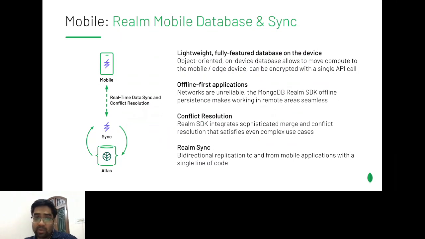So how many total parts do I have now? It will be one, the mobile phone, which will have its own local database. Second, a sophisticated sync mechanism that can help you replicate your changes between devices and the backend server. And third, the last one is a cloud database called Atlas.